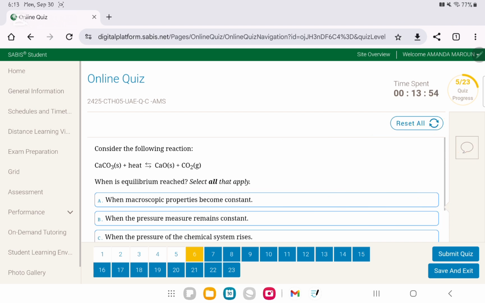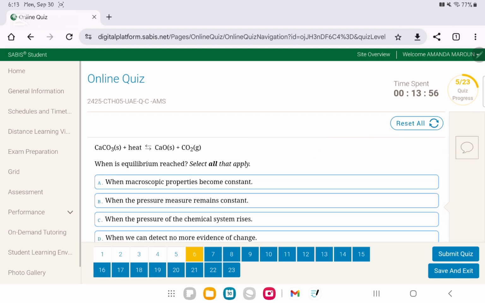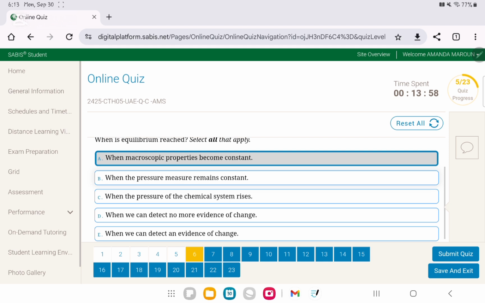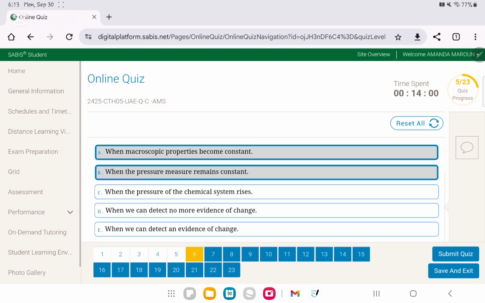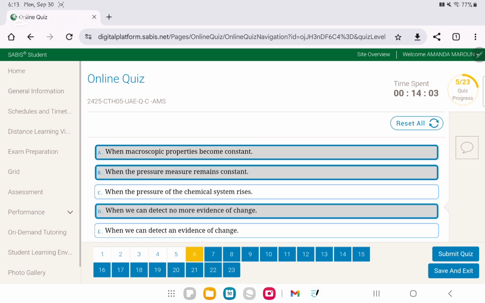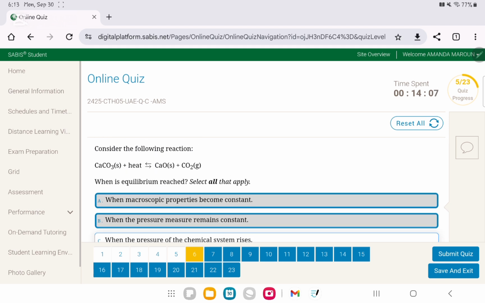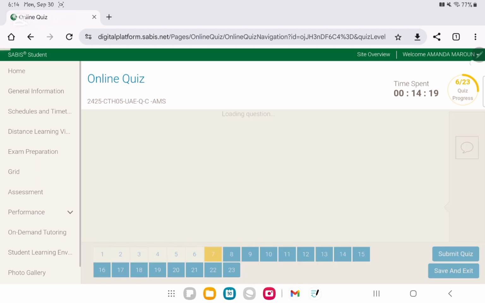So that means it's when the macroscopic properties become constant, when the pressure is constant, and we can detect no more evidence of change. However, equilibrium is recognized when there is a constancy in the macroscopic properties.